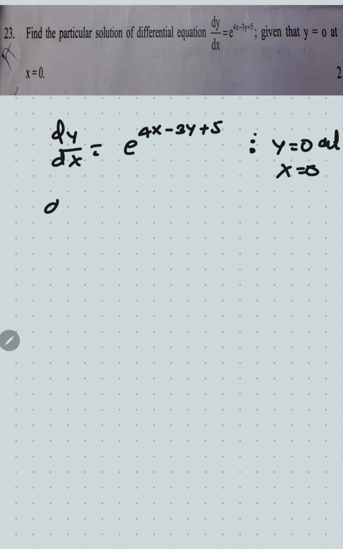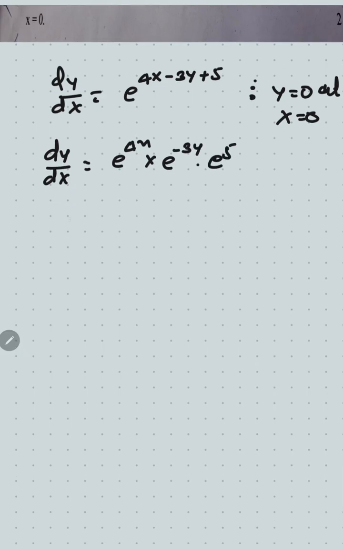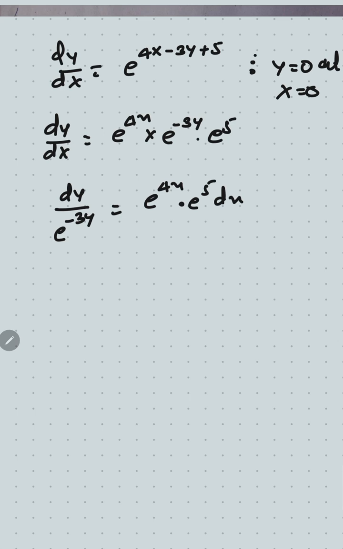Okay, firstly I solve this equation. Then separate the y part on this side, and e to power 4x into e to power 5 of dx.